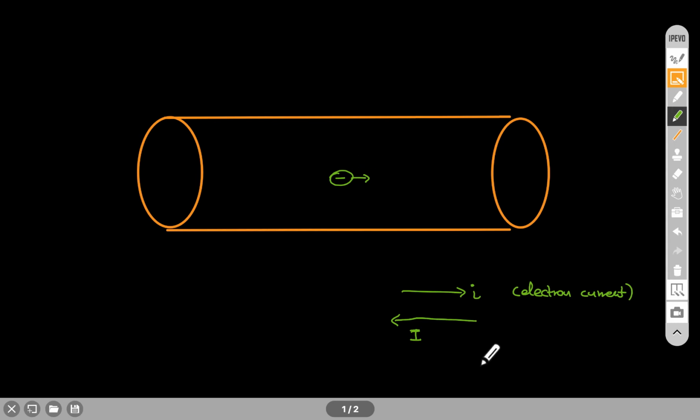Now, because the electric force is Q times E, and Q is a negative number in this case, since I'm talking about an electron, the electric field needs to point to the left. This is the direction of E, and this is the direction of the electric force on the electron.